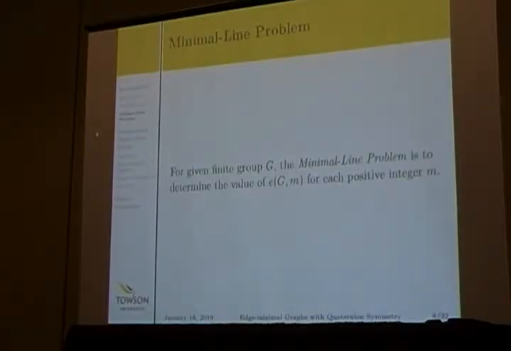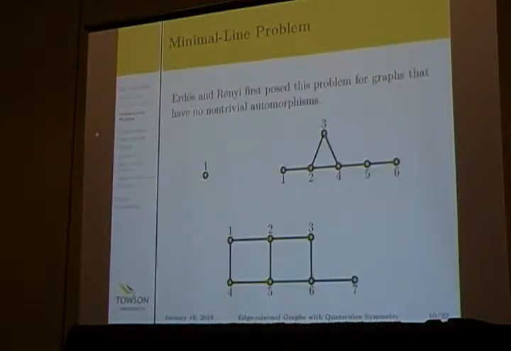The minimal line problem, line here indicating the edge in the graph, is to determine the value of E(G,m) for each positive integer m. Originally, this was posed by Erdős and Rényi for graphs that have no non-trivial automorphisms, or asymmetric graphs.